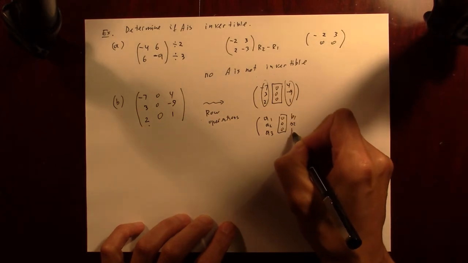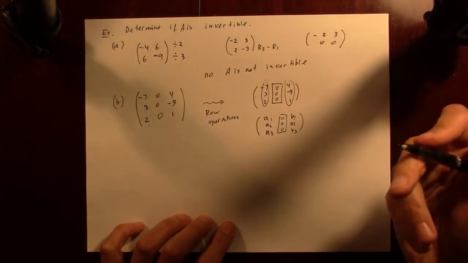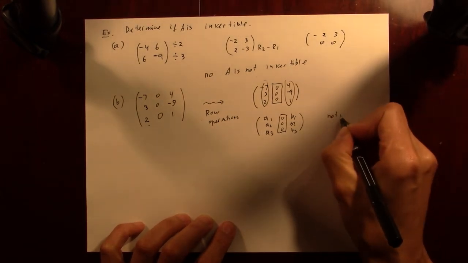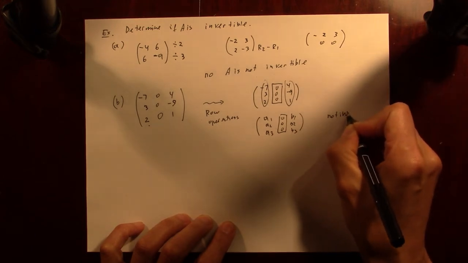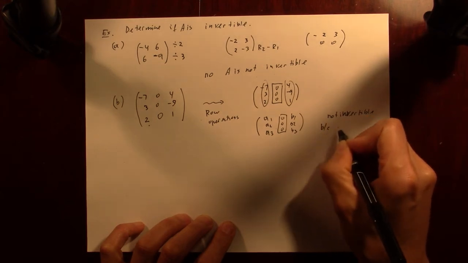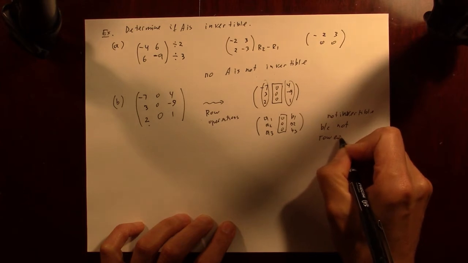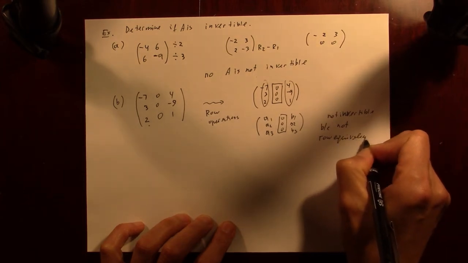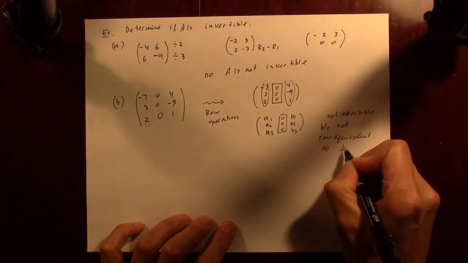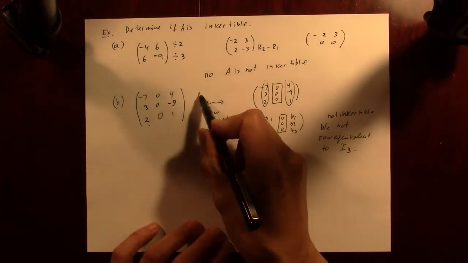So there is no way we can get the identity matrix. So it's not invertible, because it's not row equivalent to I_3. That's our first argument.